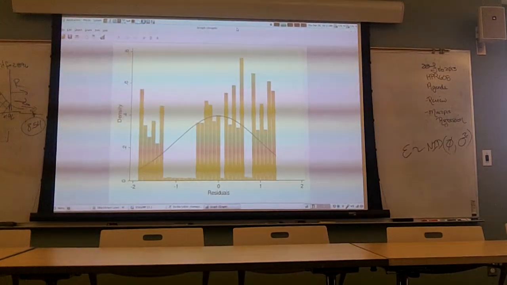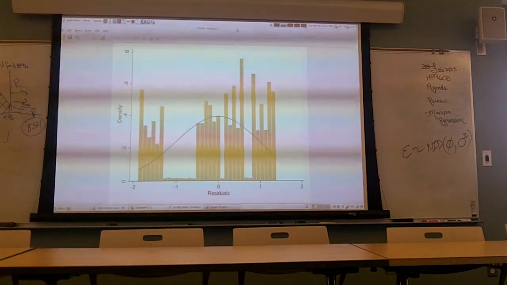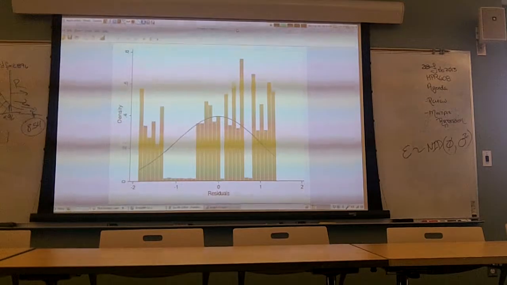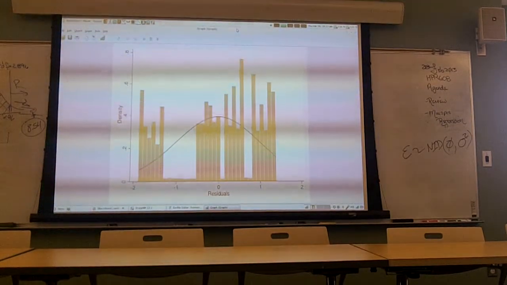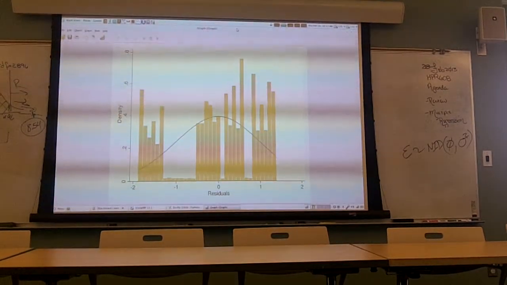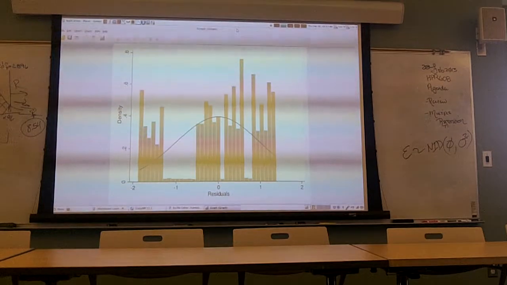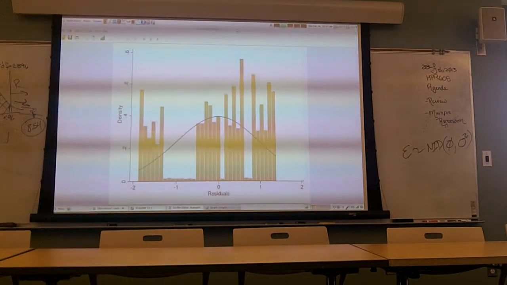What do you think? Do we have a normal distribution of our errors? No, we have a bimodal distribution. So we have violated our normality assumption.